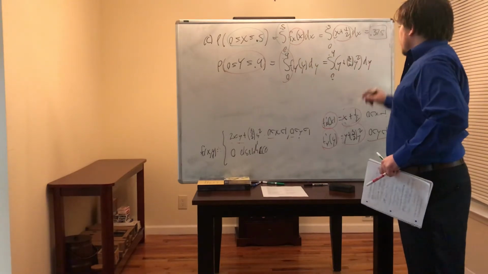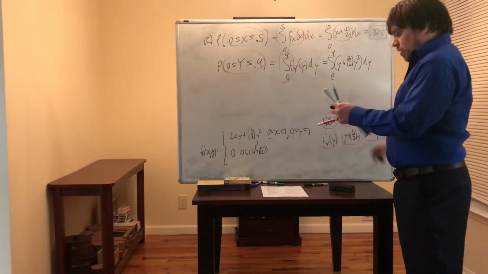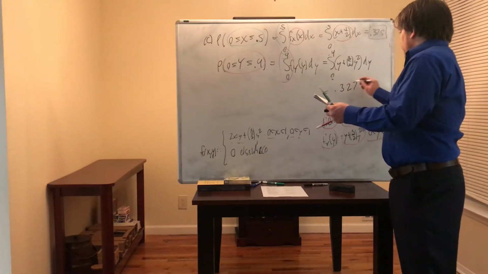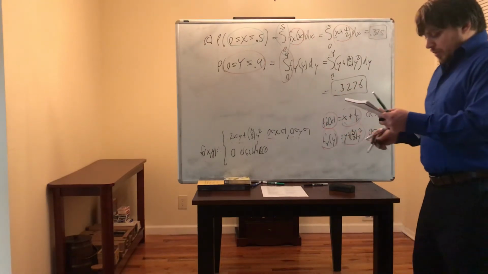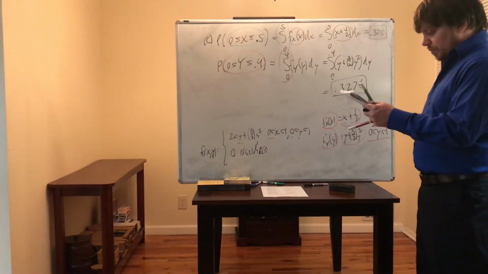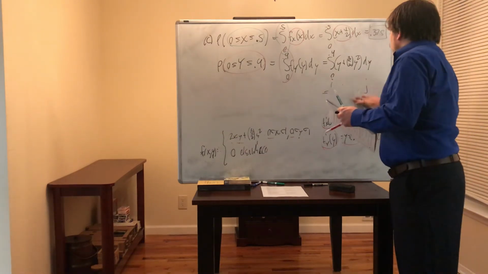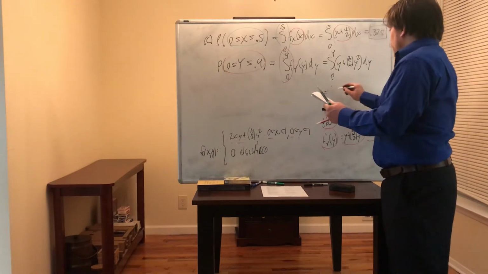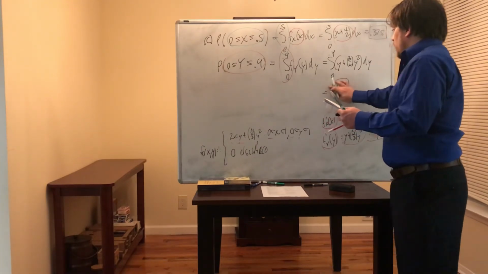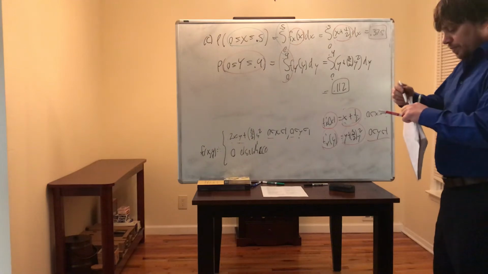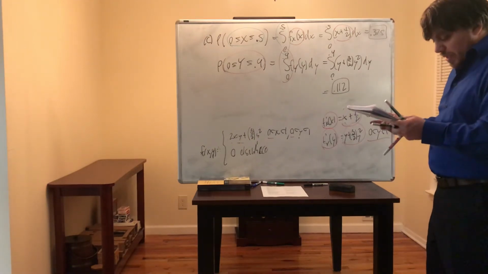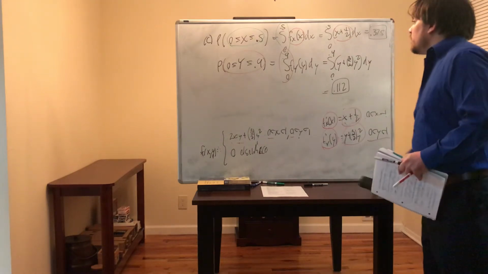So I'm just plugging that in there, right? And so then that integral is equal to, sorry, no, that's equal to 0.112. Okay, that's part C. And then part D.